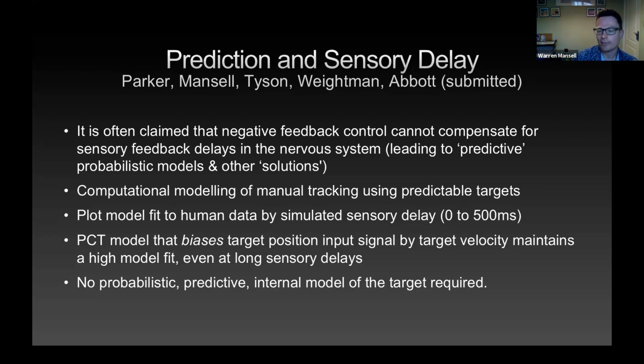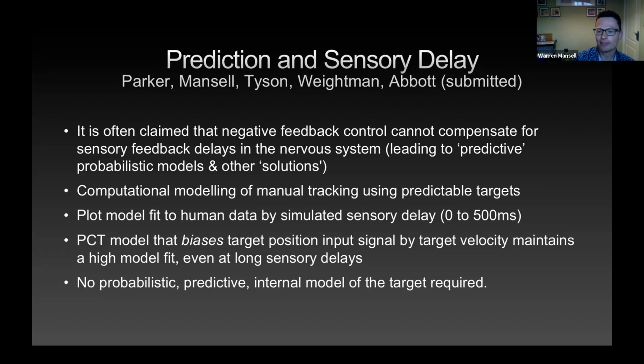And so what Max did in his PhD was to run tracking tasks where, unlike the pseudo-random disturbances that have been used in the past, we have very predictable sinusoid disturbances, okay? And then we plot the model fit right from a completely unrealistic 0 delay right up to half a second, which is far longer than the brain is going to take.